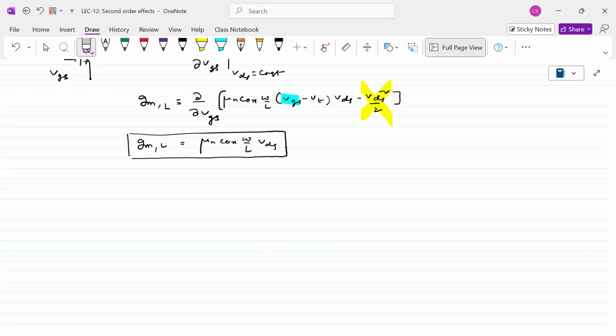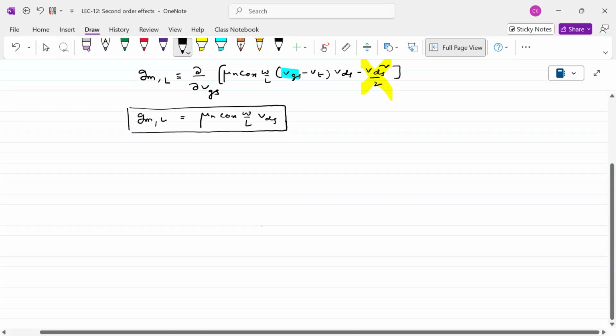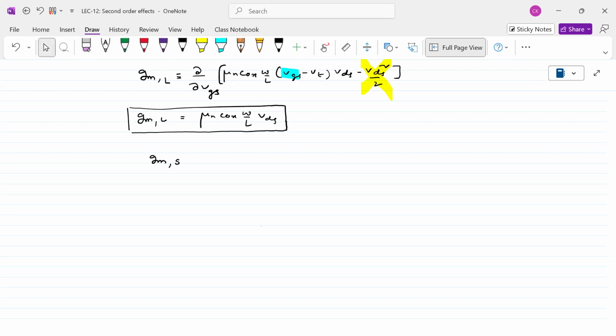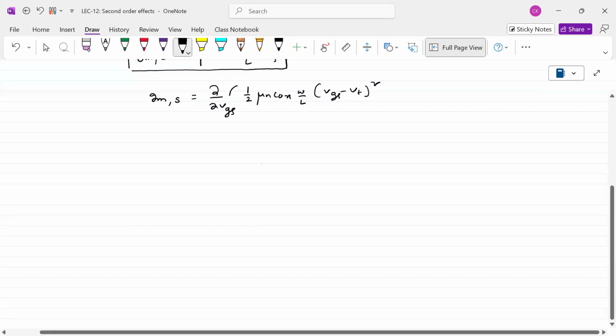That is the reason why it is important to measure GM under the saturation region. What is GM in the saturation region? What we found: 1 by 2 mu n Cox W by L into VGS minus VT whole square. What is the derivative of this?